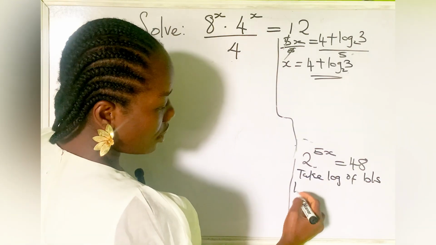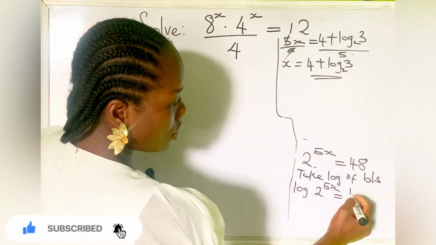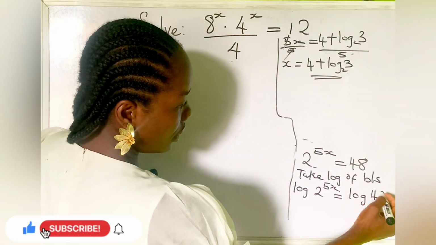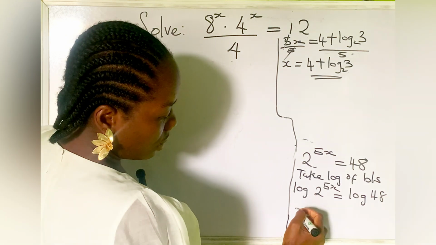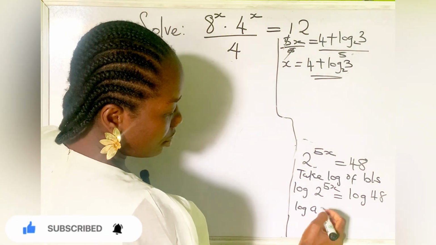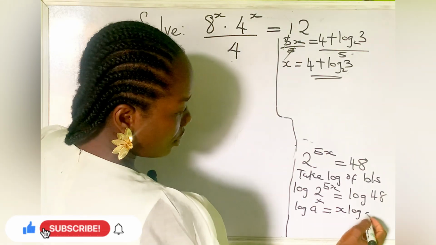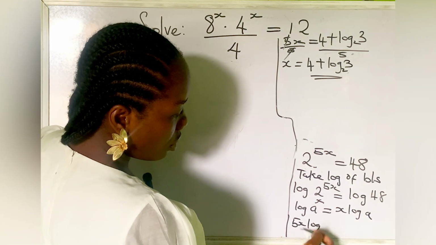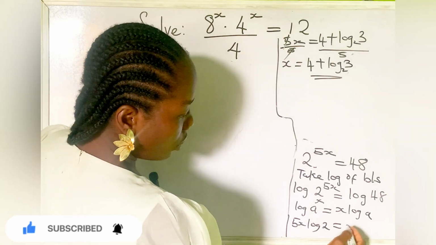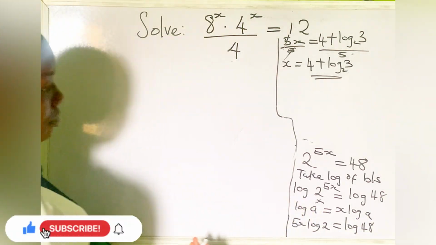We'll do that, we'll have log 2 to the power of 5x is equal to log 48. Now, when you apply the rule that I already shared before, log a to the power of x is the same thing as writing x log a. So in this case it becomes 5x log 2, that's equal to log 48.